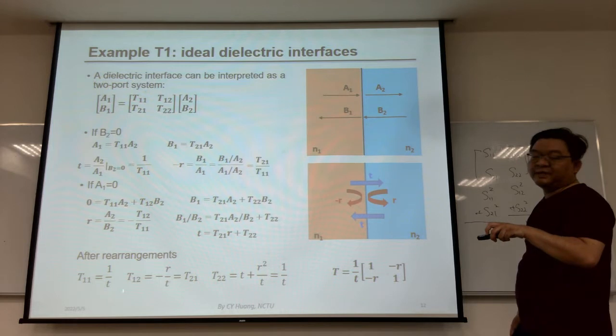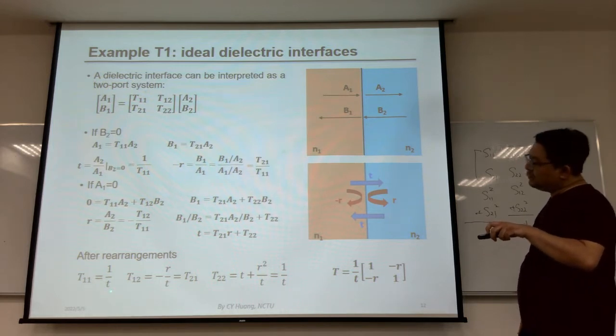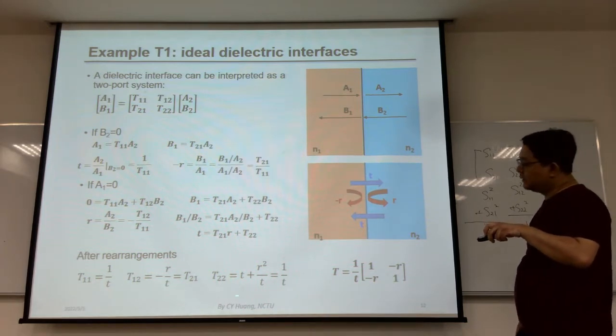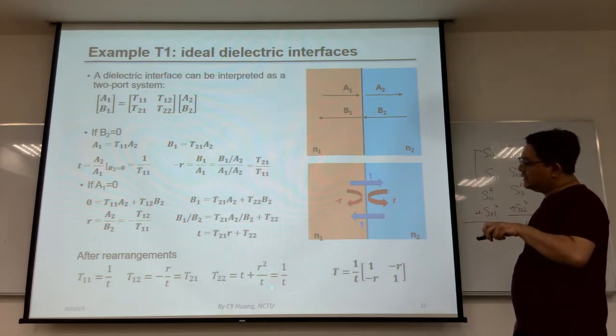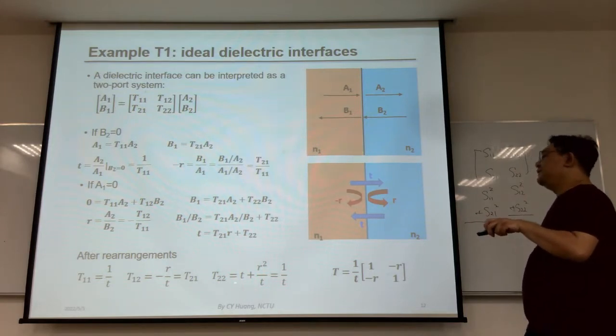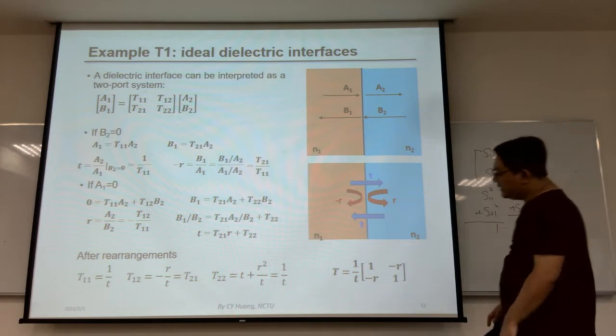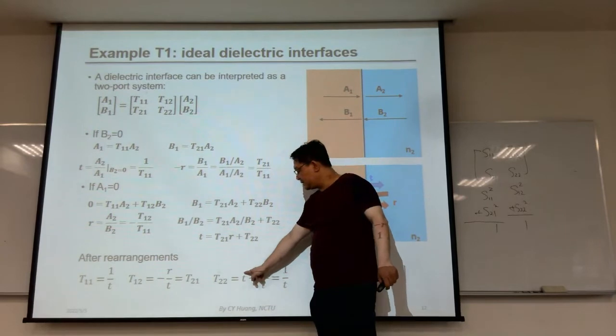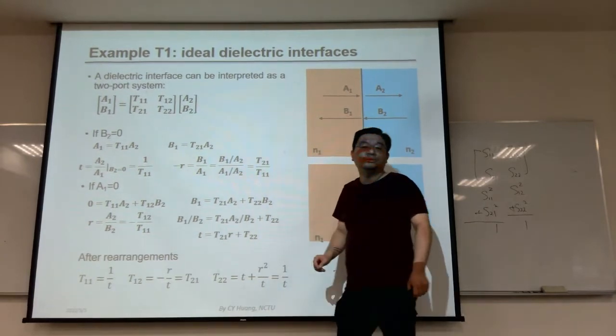T11 is 1 divided by T. T12 is minus R divided by T, which is equal to T21. T22 is T plus R squared divided by T. And if it is lossless, then it will be T squared over T. And T squared plus R squared is equal to 1.